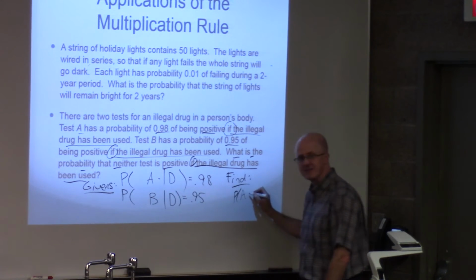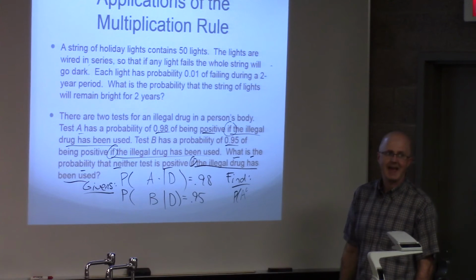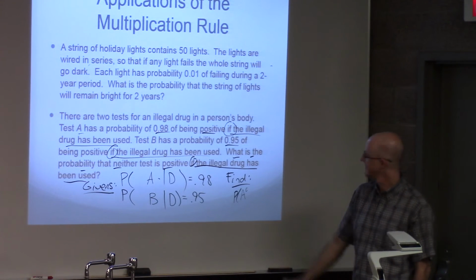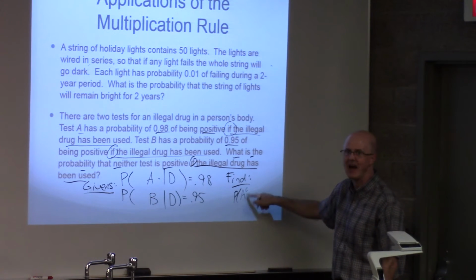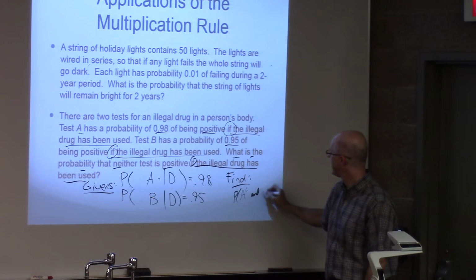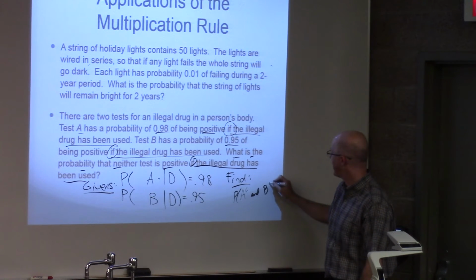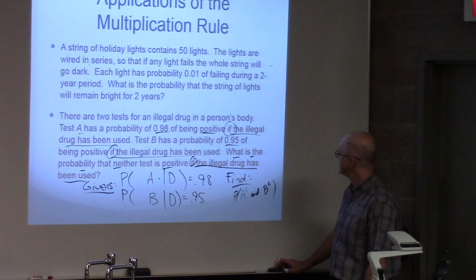Neither test being positive means A came out negative. I can represent that by A complement. A is the event that A comes out positive. A complement means the test A comes out negative. And B comes out negative if it is known the illegal drug has been used.